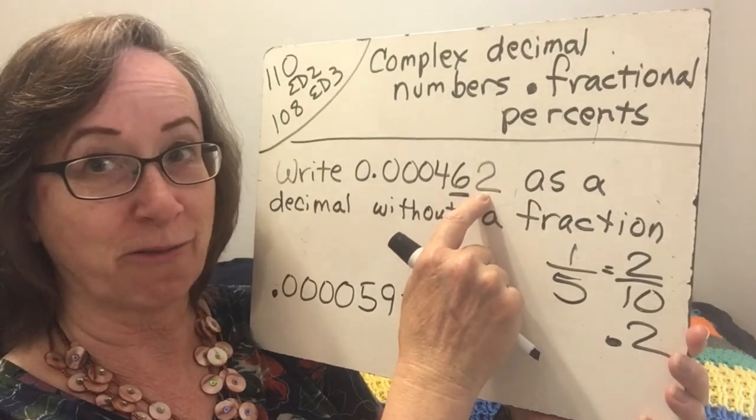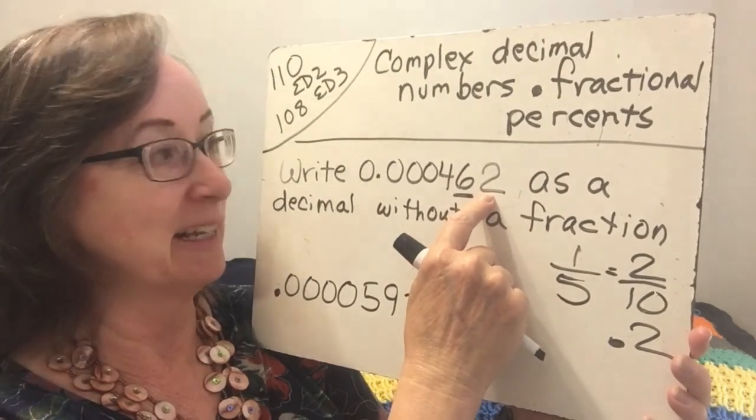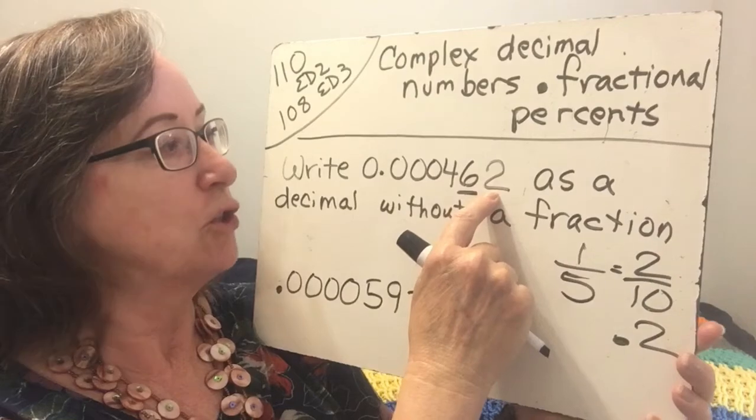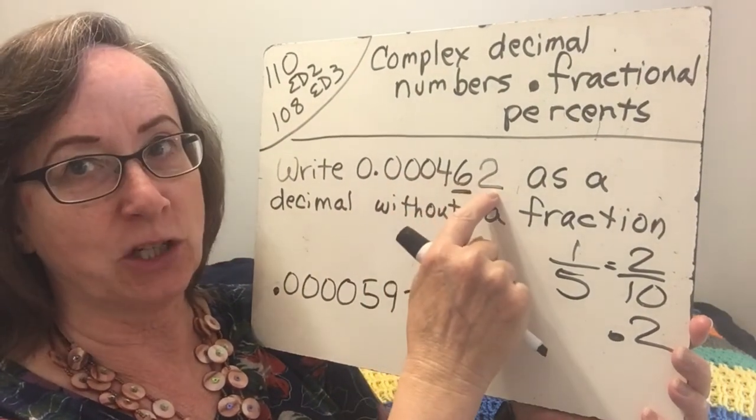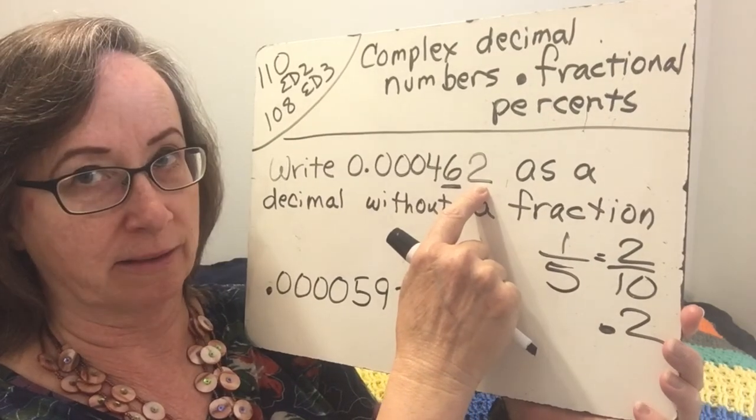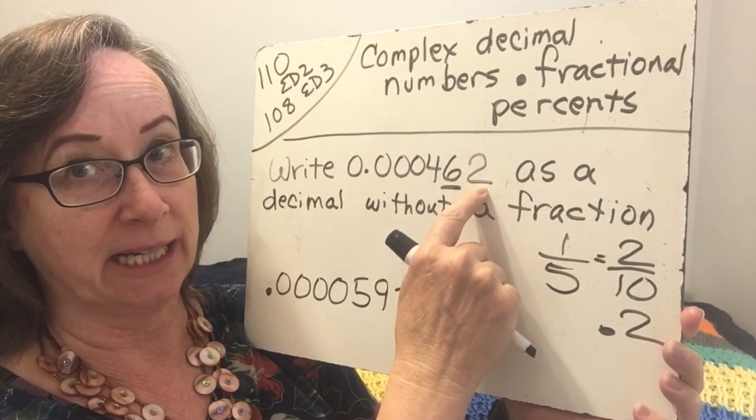And 1,000,000ths is a what? It's a millionths. So we would say 462 millionths. That's pretty tiny, isn't it?